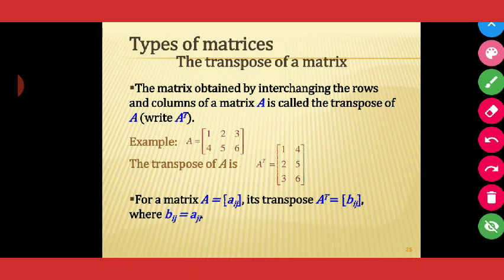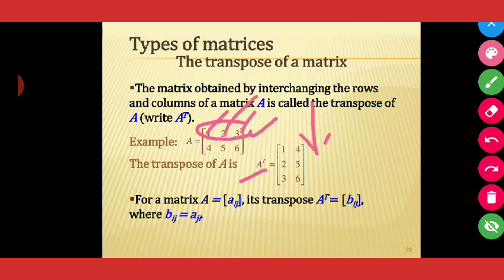Now we proceed to the transpose of a matrix. Transpose of a matrix is written as A dash or AT. Okay? In transpose of a matrix, we have to interchange the rows and columns of a matrix. Let's take an example. Here the transpose of the matrix can be written AT equal to, you have to convert rows into columns.